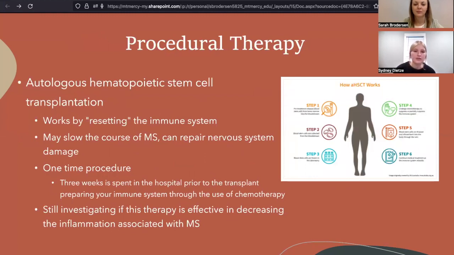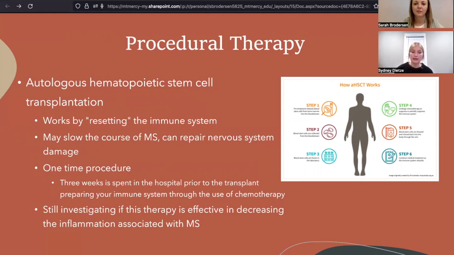So procedural therapy. The stem cell transplantation is being newly looked into for MS. So it uses your own stem cells and collects them from your bloodstream and freezes them. And this works by resetting the immune system. It may slow the course of MS and repair nervous system damage.